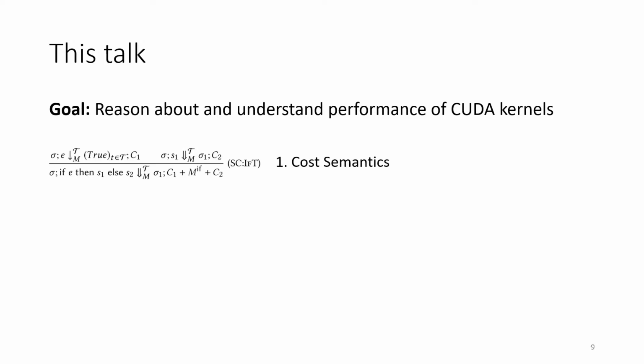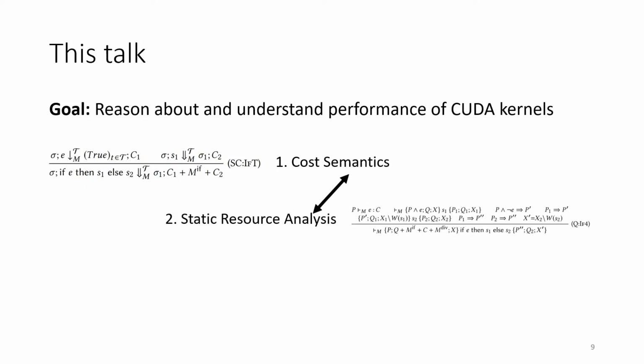So first we have cost semantics that essentially tells you what's going to happen when you run your kernel, and it helps you reason about the performance of it. That's more of a simulation. It's a dynamic cost semantics. We would like, ideally, to be able to reason about our code without either running it or simulating it on a formal semantics. And so that's when I get to the second part of the talk.